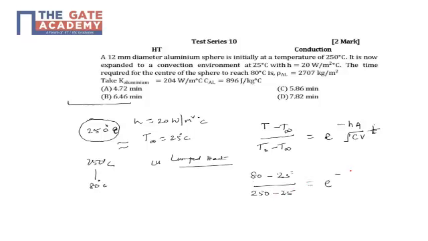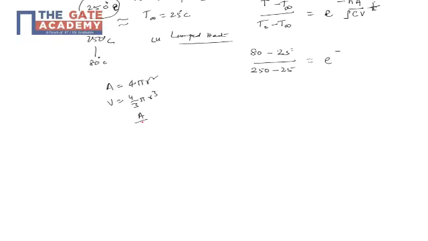Okay, minus h. Now, coming to the area: the surface area of the sphere is 4 pi r squared, and the volume of the sphere is 4 by 3 pi r cubed. So A by V, if you divide these two, will be 3 by r. So directly I'll be writing 3 by r in place of A by V. So h is given as 20, and A by V I'll write as 3 by r.